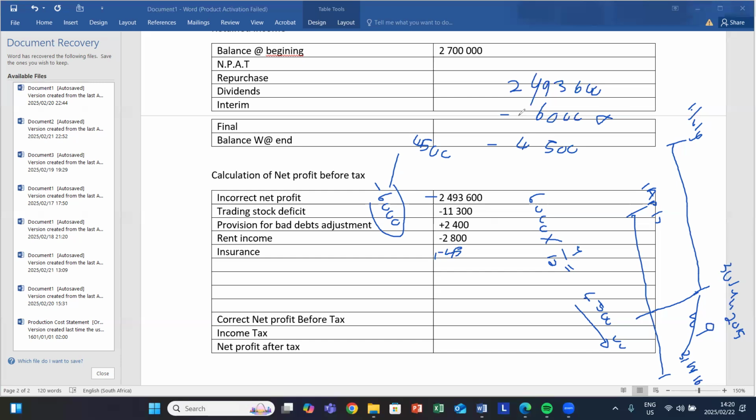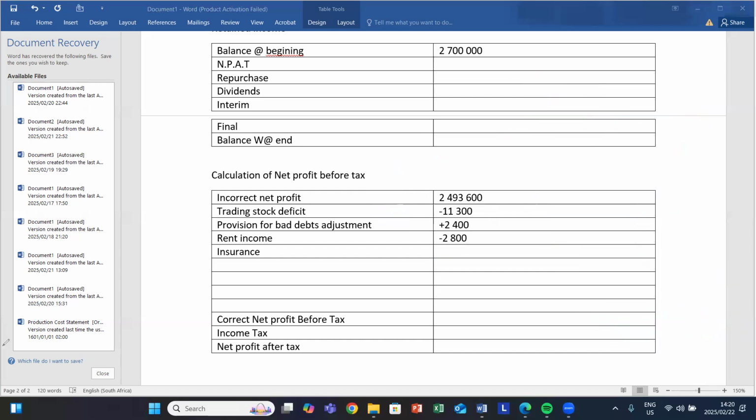Meaning in aggregate, you are going to record the total amount of 10,500 for insurance. So you can clearly see that you are doing an error yet again. So when you record it here, you write plus 4,500. You just do a reverse, plus 4,500.